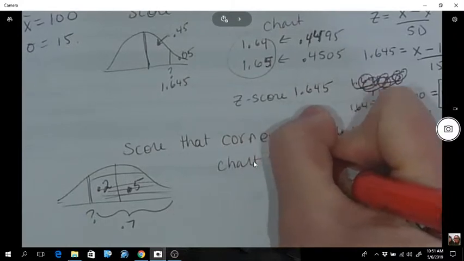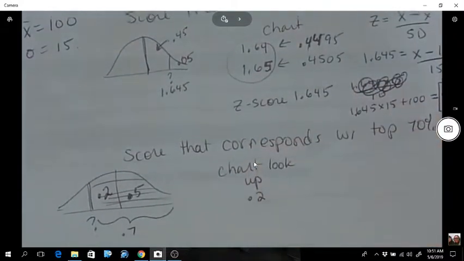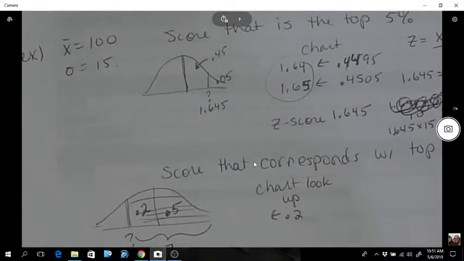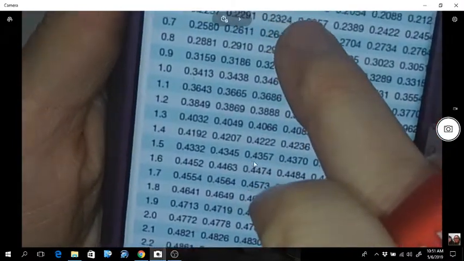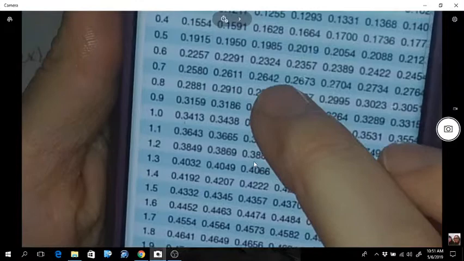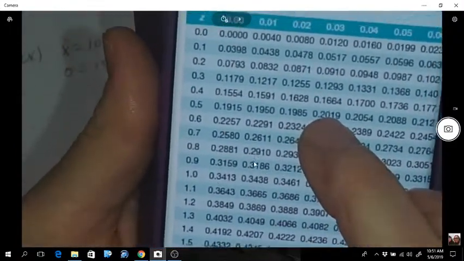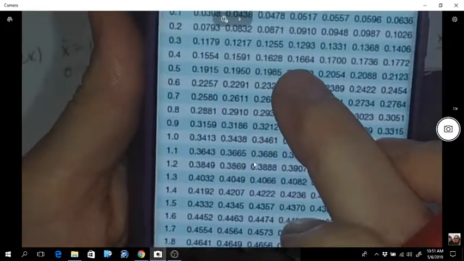So chart, look up, I'm looking for a 0.2. All right, so what corresponds with a 0.2? All right, we got right in here 0.52, 0.53, and we're basically in the middle.